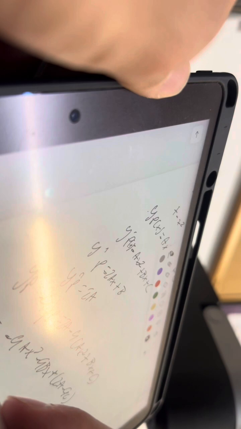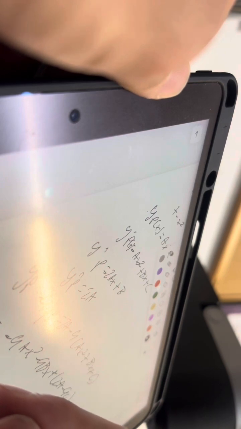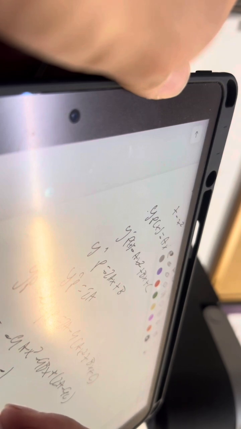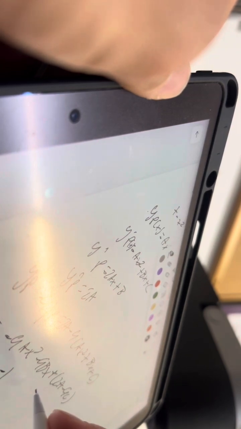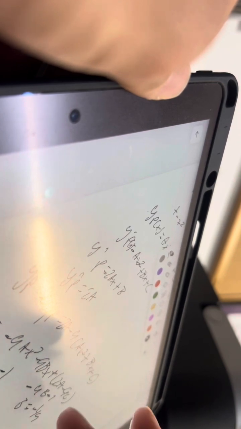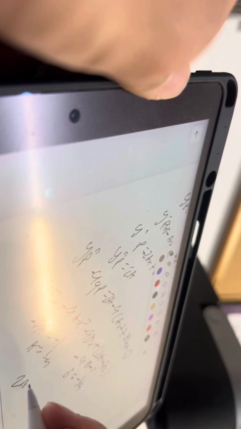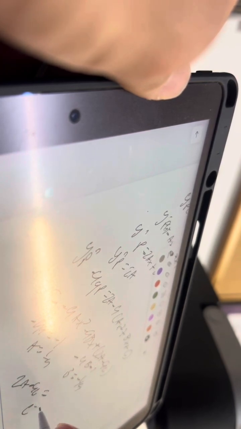And then if we want this to equal x minus x squared, so negative 9a is going to equal negative 1, so a is going to equal 1 over 9. Negative 9b equals 1, so b is going to equal negative 1 over 9. 2a minus 9c equals 0, so c is going to equal 2 over 81.